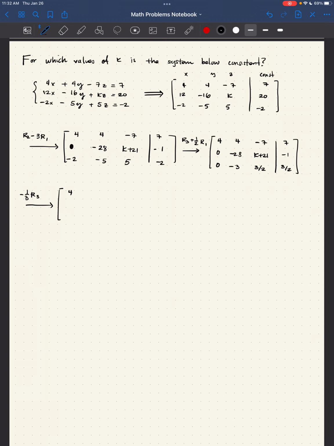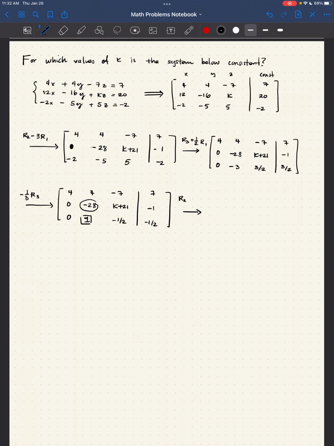So we have 4, 4, negative 7, 0, negative 28, k plus 21, 0, 1, negative 1/2, negative 1/2, negative 1, and 7. And then from here, we're going to get rid of this. We're going to use this as a pivot. And we obtain the following.